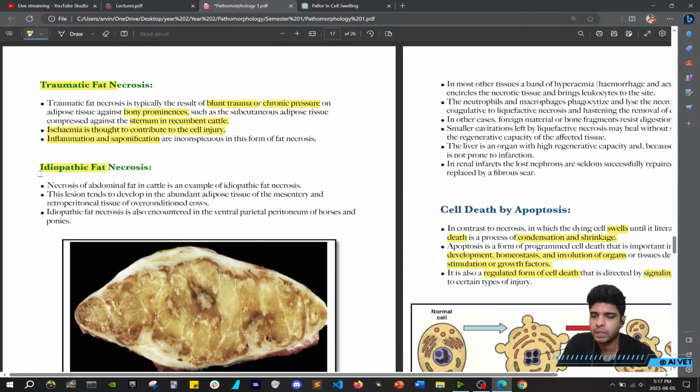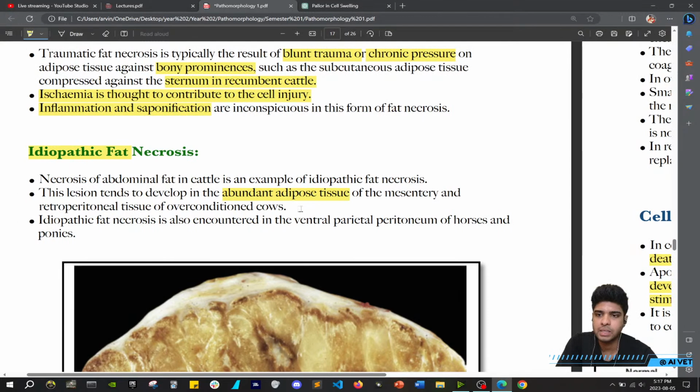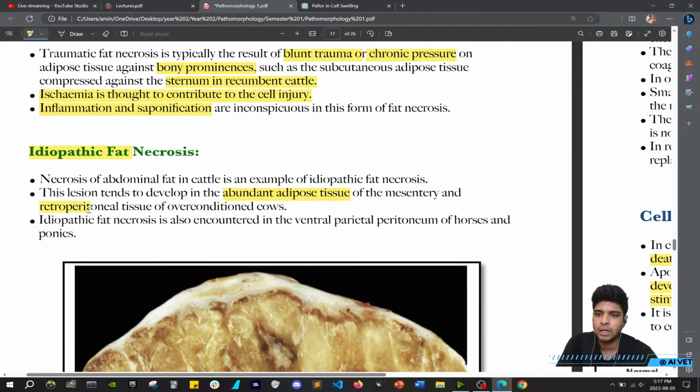Now the idiopathic one. Necrosis of abdominal fat in cattle is an example of idiopathic fat necrosis. This lesion tends to develop in abundant adipose tissue of the mesentery and retroperitoneal tissue of overconditioned cows. Okay, the mesenteric nodes, lymph nodes, surrounding areas, and the retroperitoneal tissue, the gut cavity.